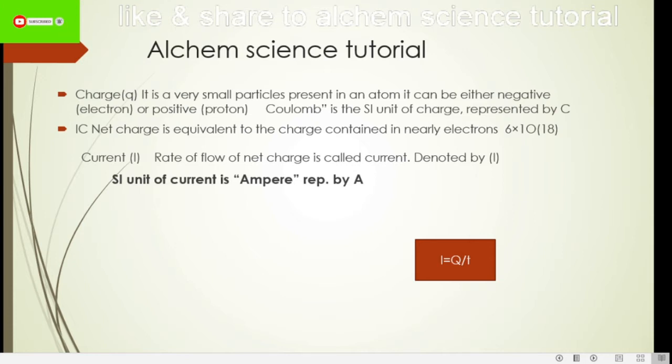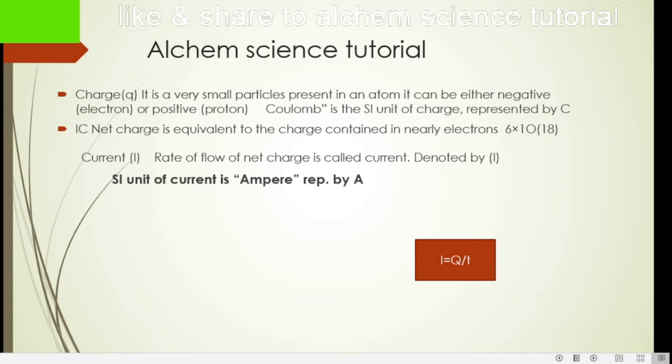It is one of the unique properties of physics, because without understanding charge we cannot understand anything. You just need to understand that charge is represented by capital C, has the SI unit of coulomb, and might be positive or negative. Sometimes it might be neutral also.